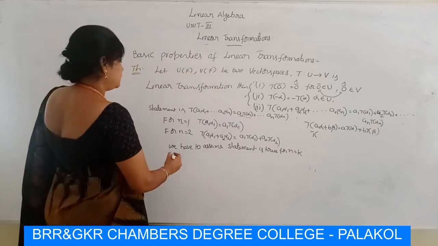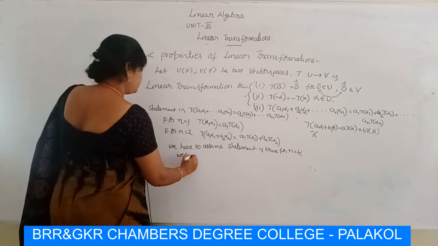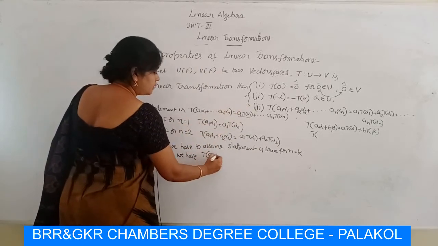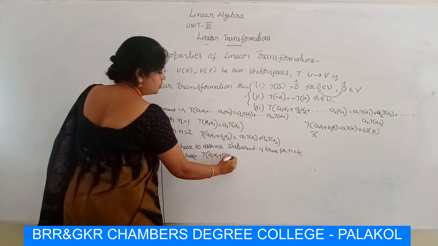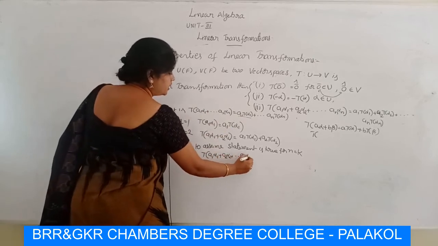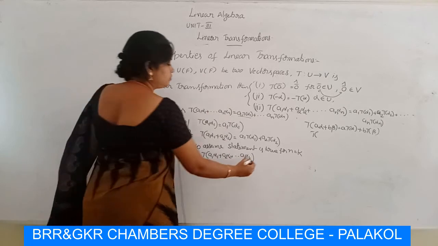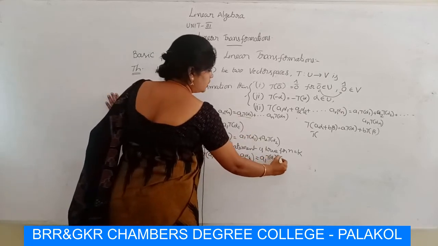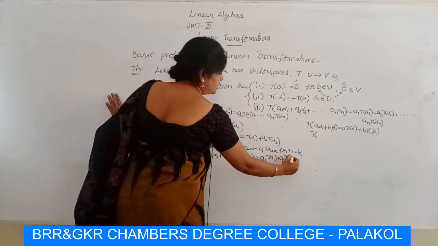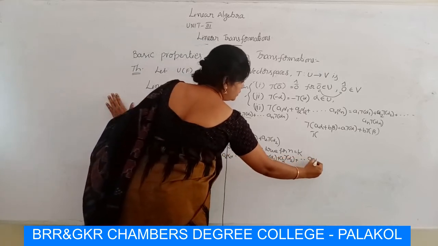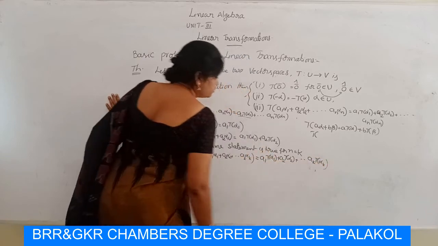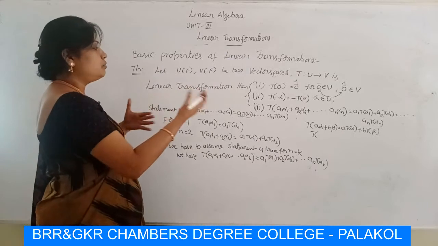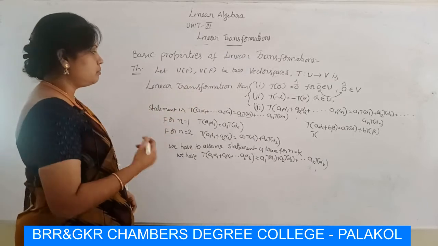So then for n equal to k the statement is that T of a1 alpha 1 plus a2 alpha 2 plus and so on ak alpha k equals, the right hand side value is a1 into T of alpha 1 plus a2 into T of alpha 2 plus and so on ak into T of alpha k.